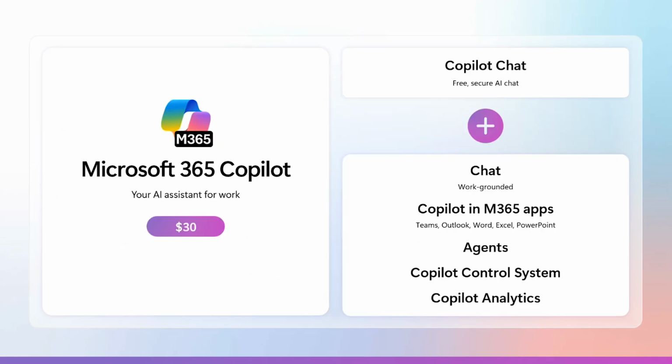Okay, so it's important to understand the difference between Copilot Chat and Microsoft 365 Copilot. Microsoft 365 Copilot still offers the best value, and we are continually adding new features and functionalities. Copilot Chat provides a free and secure AI chat with the latest models.